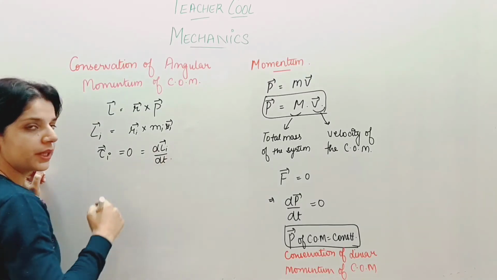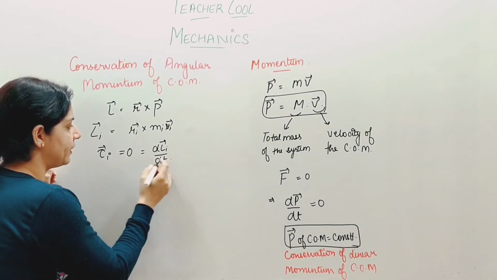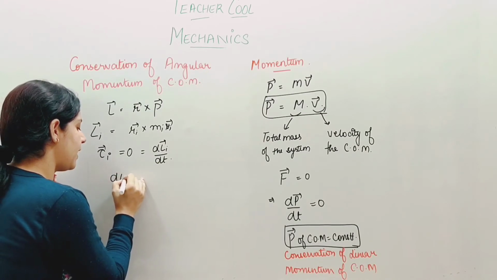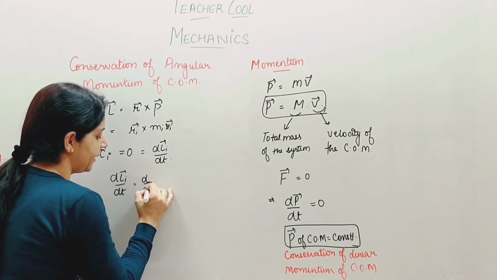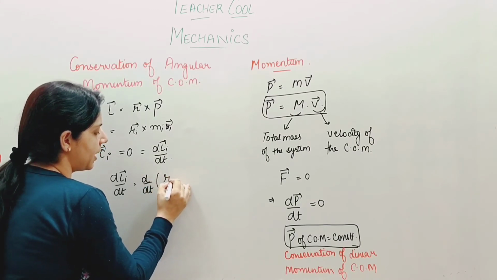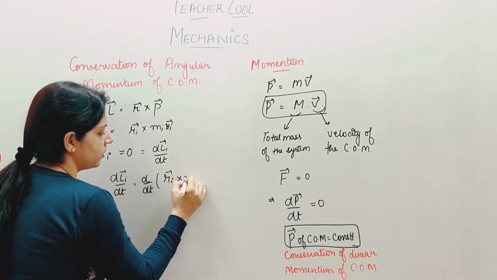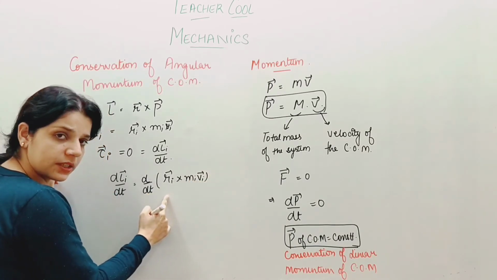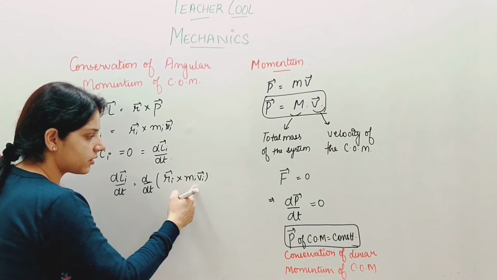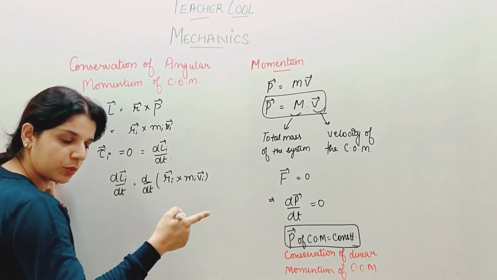Therefore dLi by dt will be d by dt of Ri vector cross Mi Vi vector. Taking the derivative inside, since it is a cross product, it will get divided to both of them.